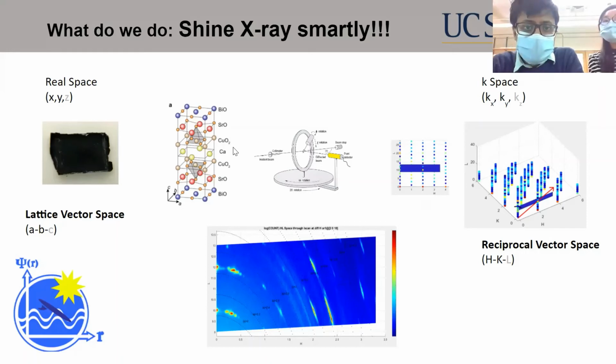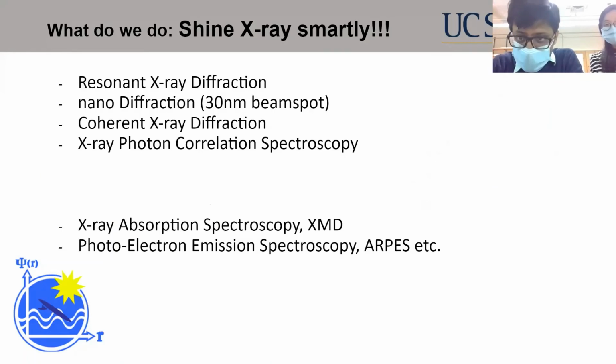Or for example, we can do an experiment where we shine X-rays in a way that it sees not only the copper atoms, but the p orbitals of copper atoms. That is what we call resonant. So this is resonant X-ray diffraction we can do.